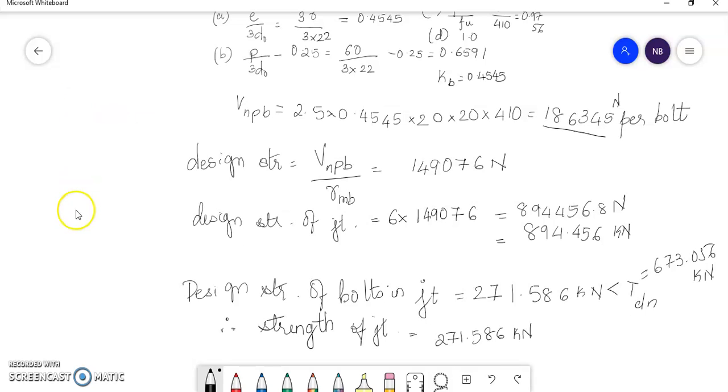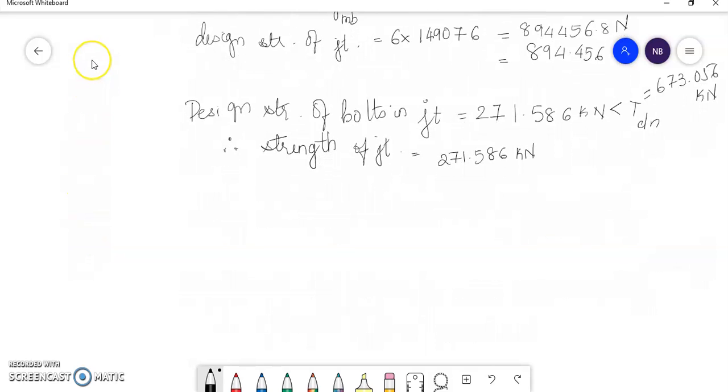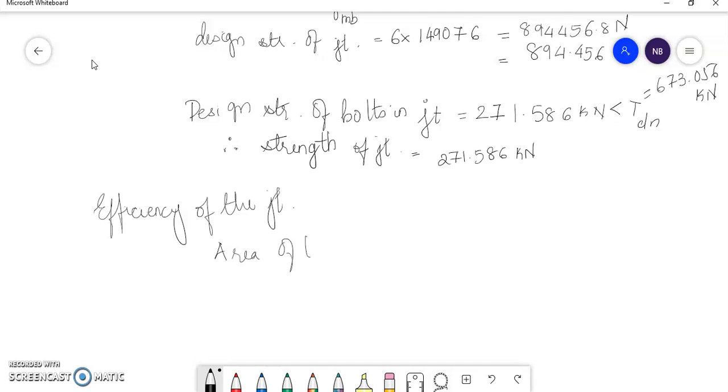We are asked to find out the efficiency of the joint. The area of the solid plate is the width multiplied by the thickness, which is 3600 mm square.